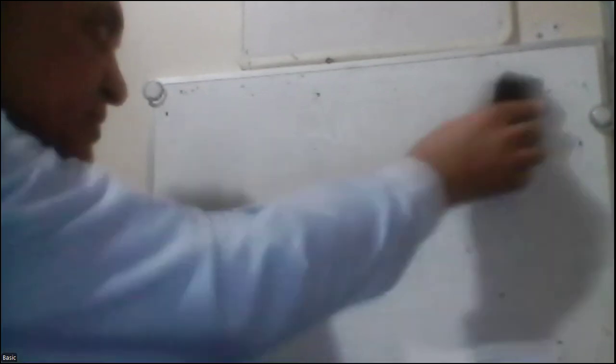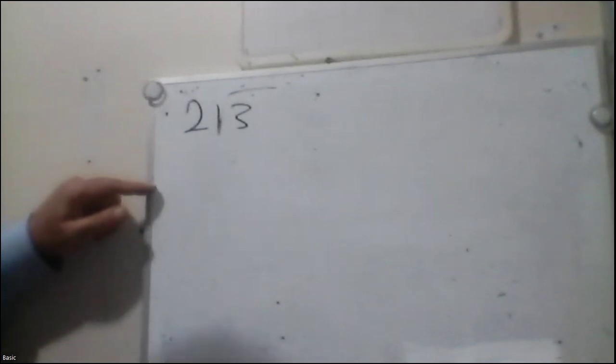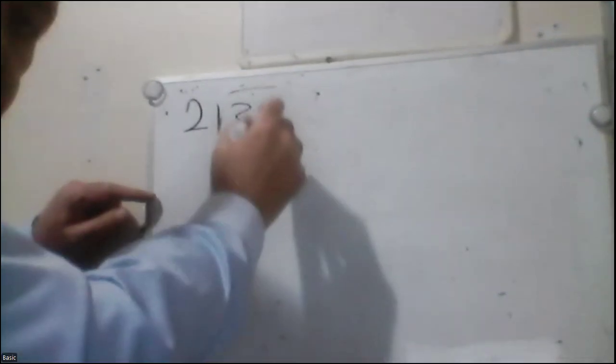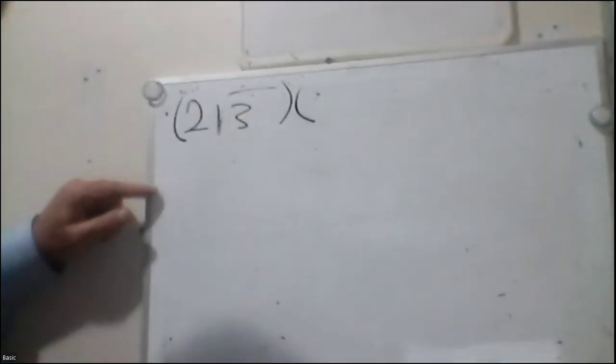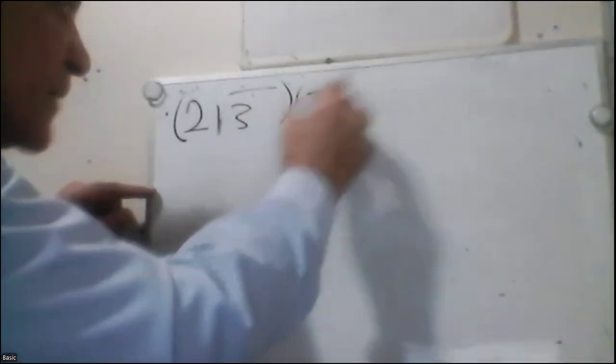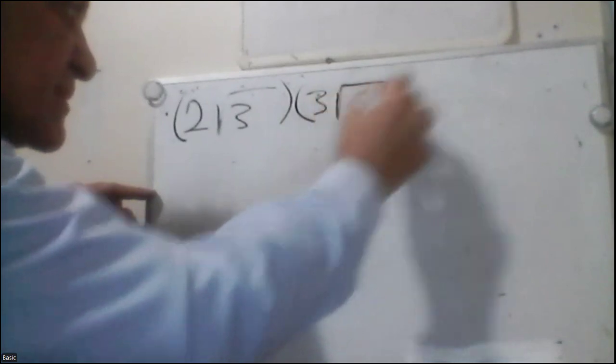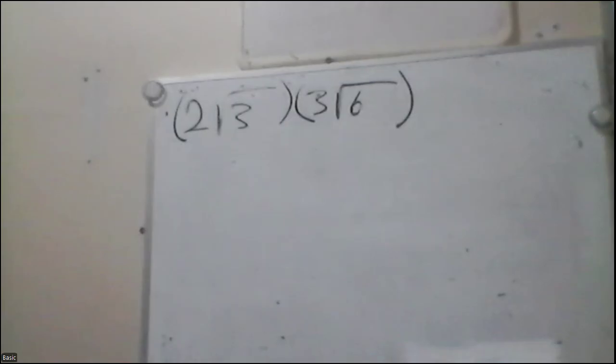If I say now, solve the question: 2 root of 3, this is a whole sum, multiplied by another sum, 3 multiplied by the root of 6.